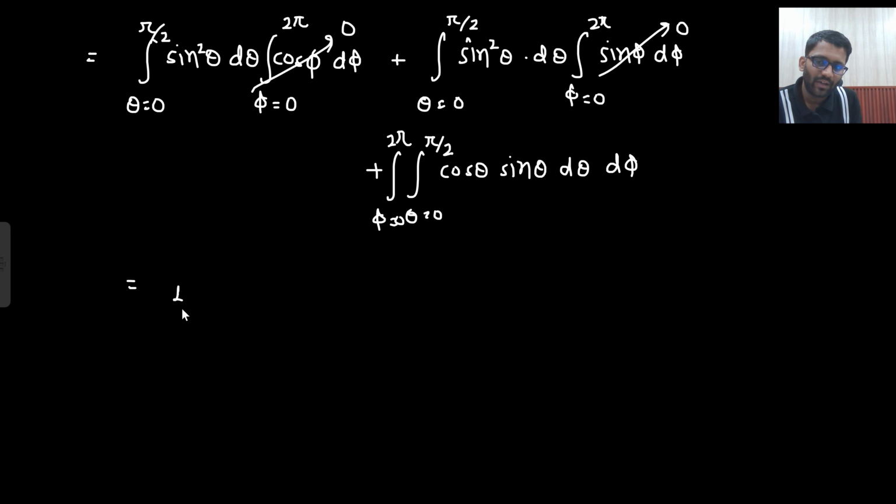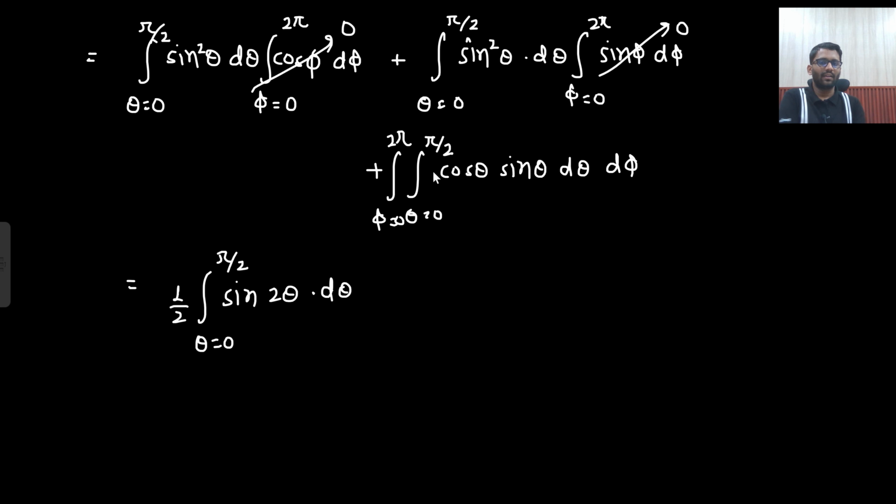What can I do? 1 by 2 I can take common. Then sin 2 theta d theta with theta from 0 to pi by 2. Did you understand what I did here? I multiplied by 2 and divided by 2. So 2 sin theta cos theta will be sin 2 theta. So 1 by 2, 0 to pi by 2, sin 2 theta d theta. Now phi 0 to 2 pi d phi.